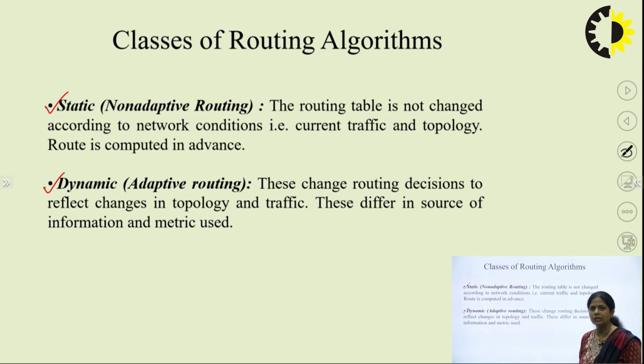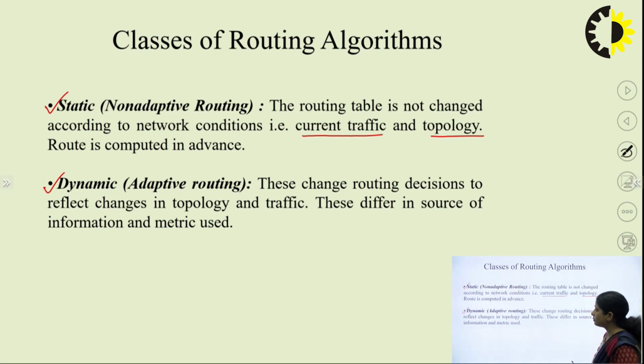As the name indicates, it is not going to change even if the current traffic is too heavy or too low, or the topology changes. In static routing algorithms, the route is computed in advance. We are not allowed to change it according to the network conditions.